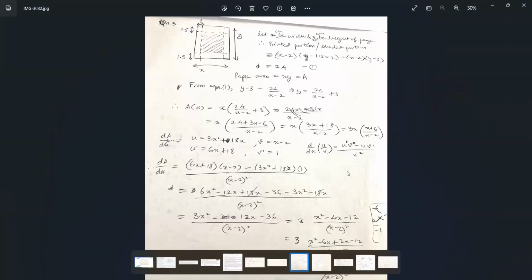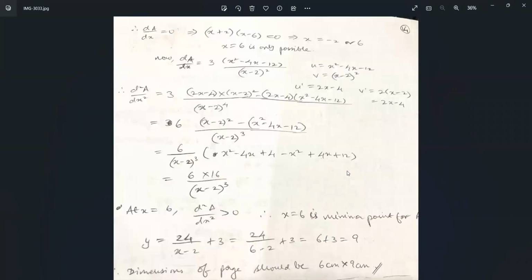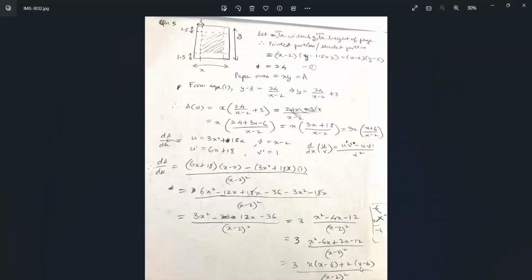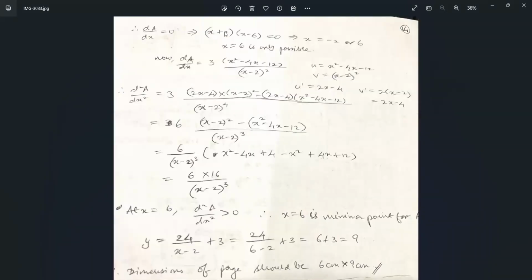The final expression becomes x plus 2 into x minus 6 divided by x minus 2 the whole square. So for this to be 0, we have the numerator equal to 0. So either x equal to minus 2 or 6. Now x equal to minus 2 is not possible. So x equal to 6 is the answer.